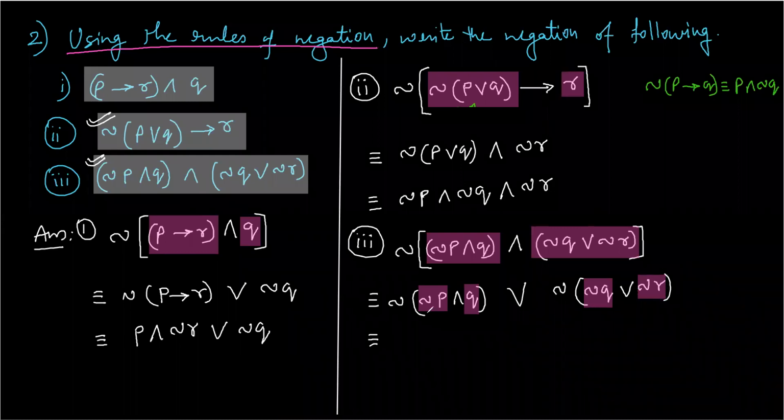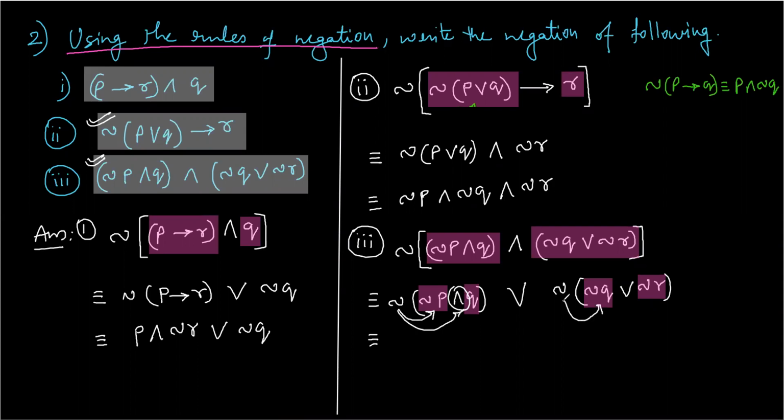And which law do we call this as? Whenever we write negation of conjunction or disjunction, it was named as De Morgan's law. So here, I write negation of this, I write negation of this, and this conjunction will become disjunction. Same way, here I write negation of this, I write negation of this, and this disjunction will get converted into conjunction. So what will I have here?